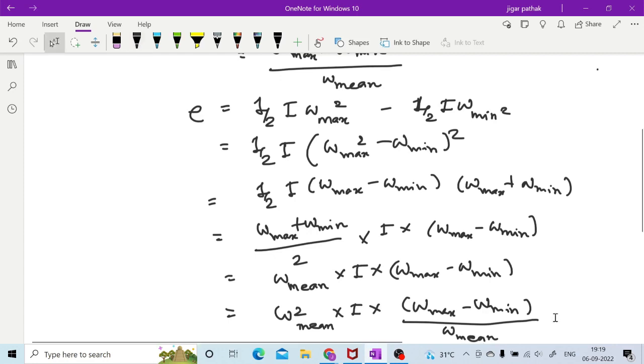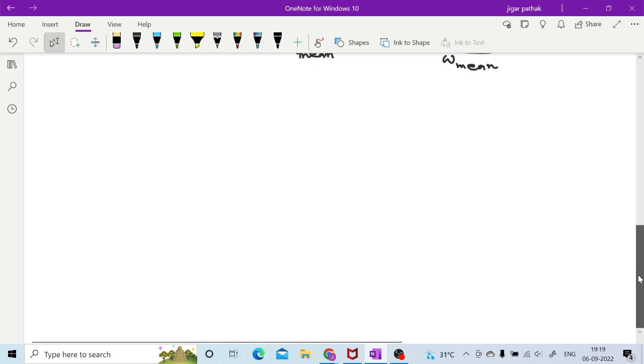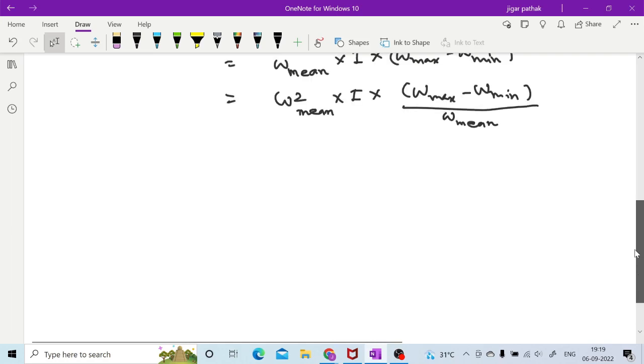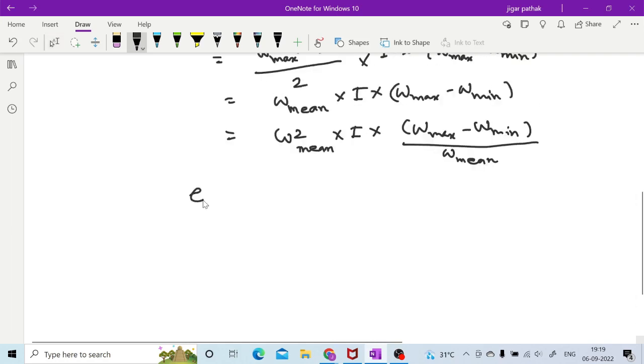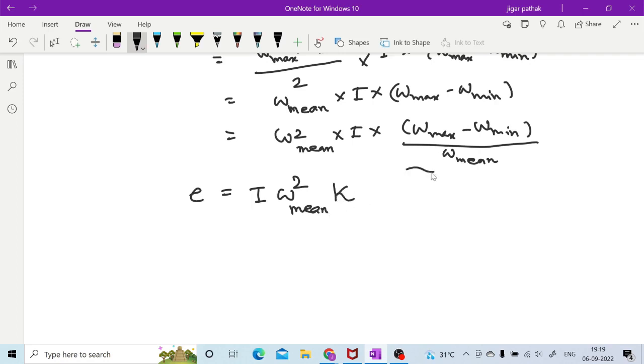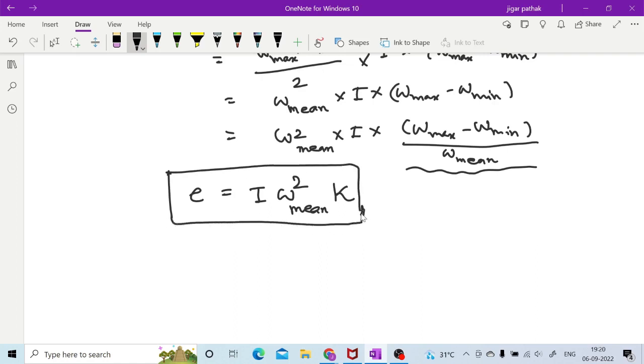So now if you write this equation finally, E is equal to I omega mean square into K, because you have defined this term as K, coefficient of fluctuation of speed, right? This is a very important equation, because you will be asked questions based on this equation in GATE, right? So this is how you have this relation.